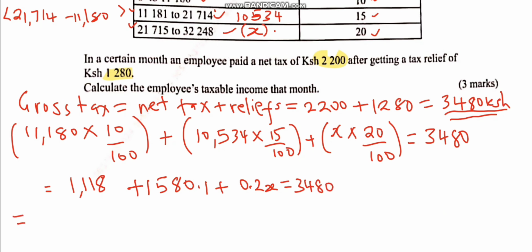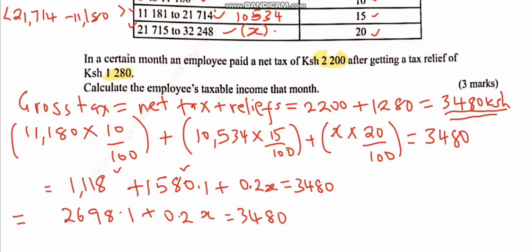Sasa add hizi mbili. Angalia itakupa ngapi ukiadd kwa 1,118 itakupa a total of 2,698.1 plus 0.2x equal to hiyo.